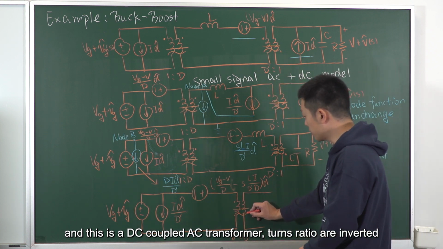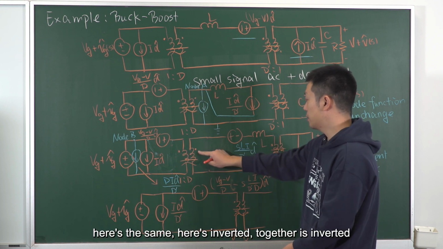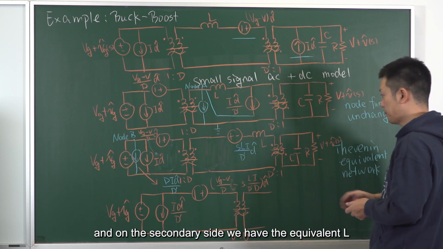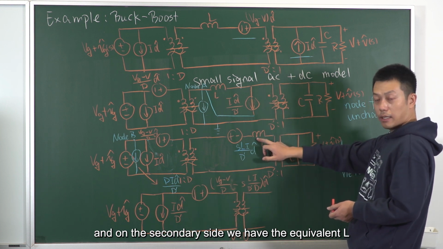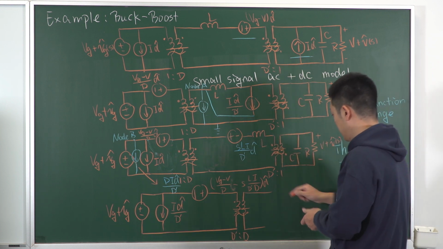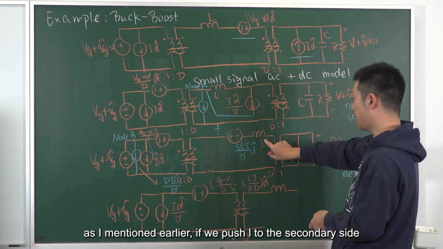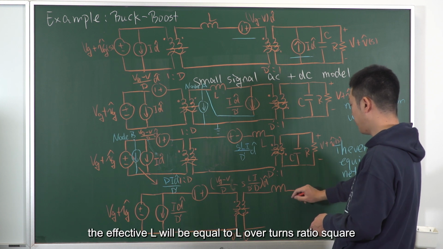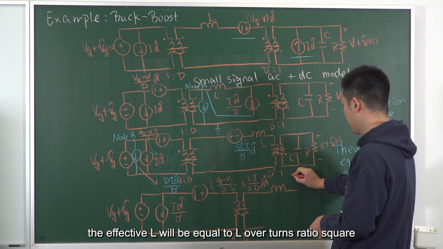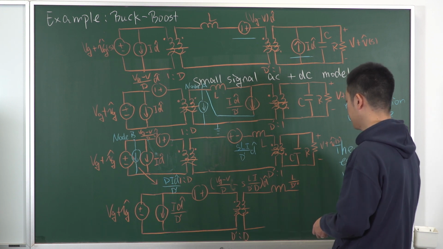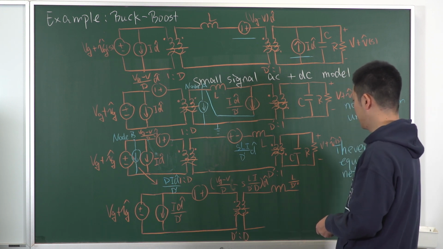Turns ratios are inverted, right? Here is the same, here is inverted. Together is inverted. And on the secondary side, we have the equivalent L, right? As I mentioned earlier, if we push L to the secondary side, the effective L will be equal to L over turns ratio square, right?